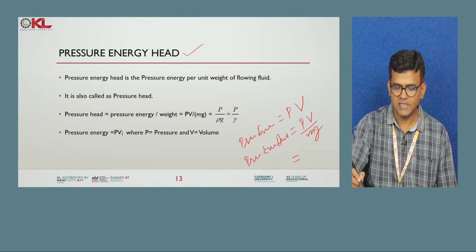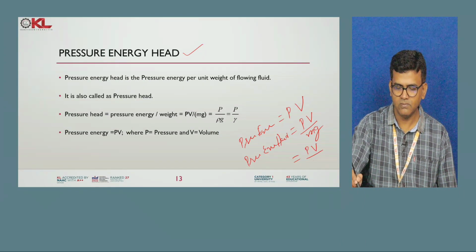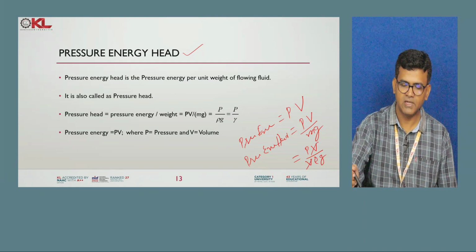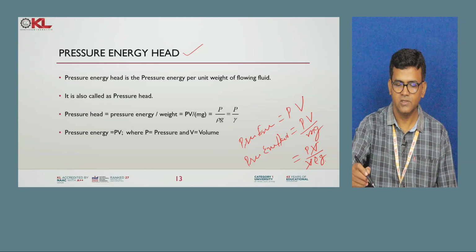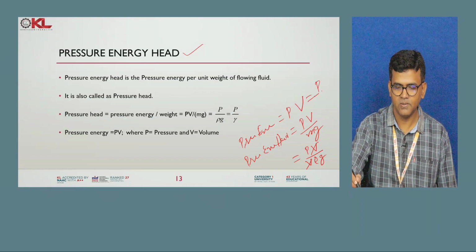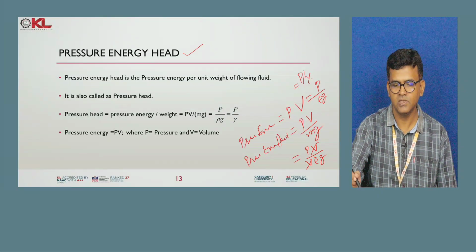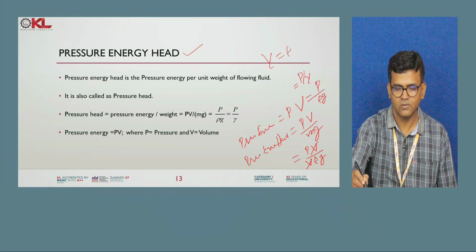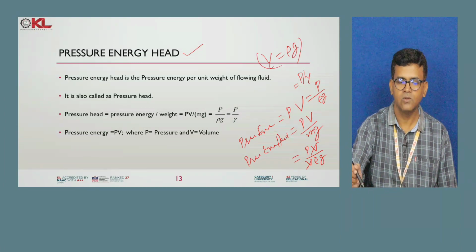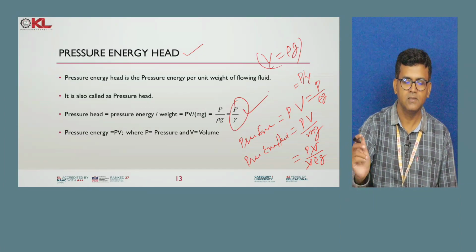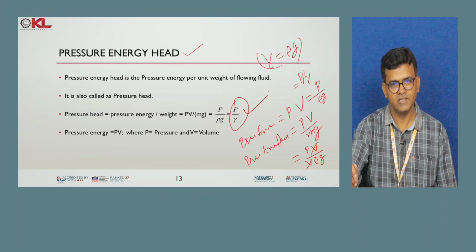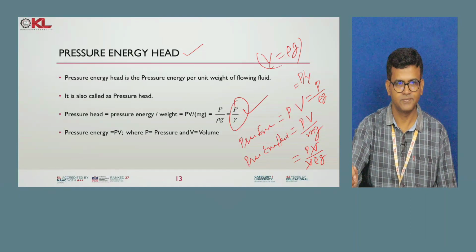Mass can be written as volume into density. So g is there, this volume will cancel out, and what will remain? P upon rho g. This P upon rho g is also written as P upon gamma, where gamma is equal to rho g. So P upon gamma is the pressure energy head, simply the pressure head.